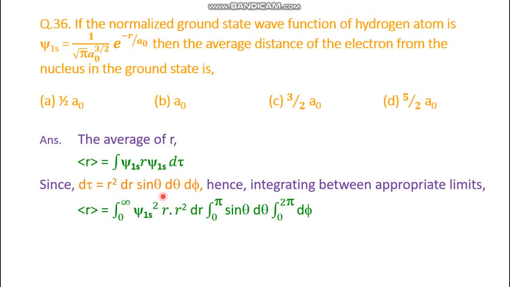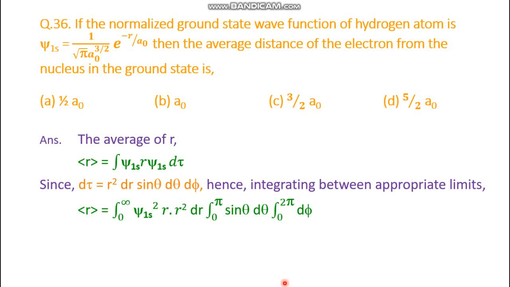Then separate the integration of the theta function and the integration of the phi function. So integration of sine theta d theta, and integration of d phi. As I have said, the range of theta was 0 to pi and the range of phi was 0 to 2 pi. Therefore these are the lower and upper limits of the integration signs.